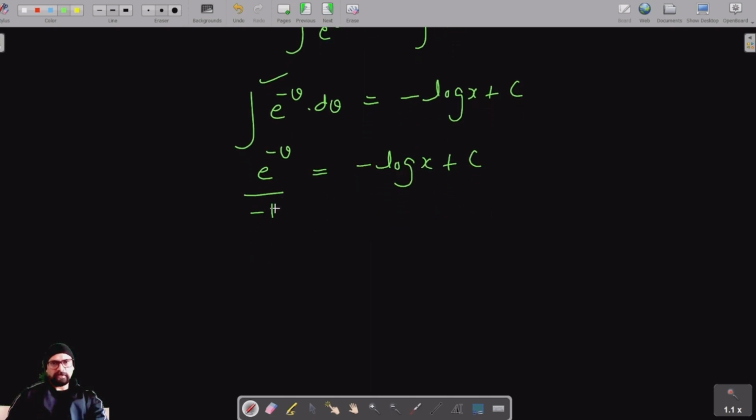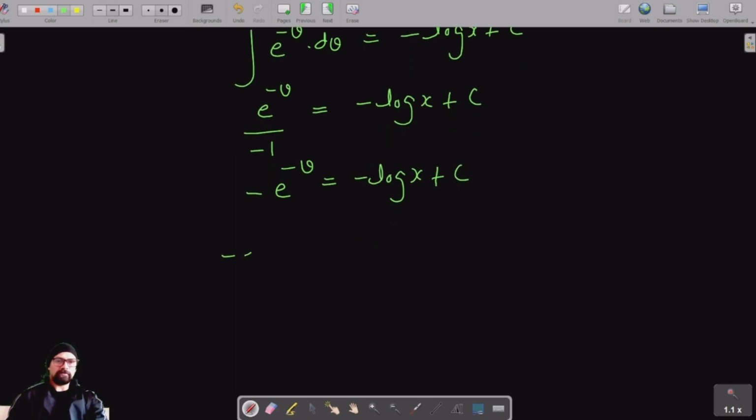Now this can be written as, let's replace the value. So this is negative e raised power minus v is equal to minus log x plus c, and let's replace v, which was minus y by x, and this is minus log x plus c. And this can further be simplified, so let's try to simplify it.